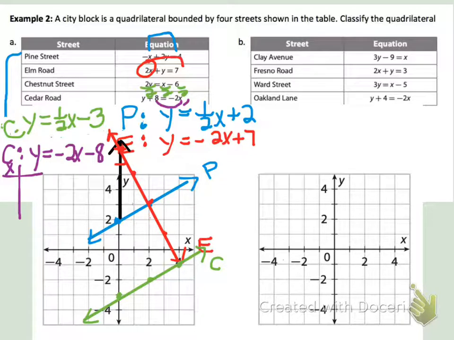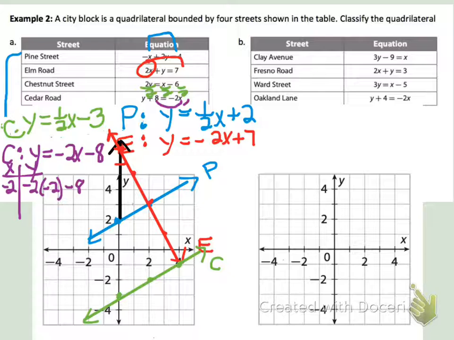We can just plug in x values and then figure out the y's. So let's say I plugged in negative 2. If I plug in negative 2 for x, that would be negative 2 times negative 2, minus 8.